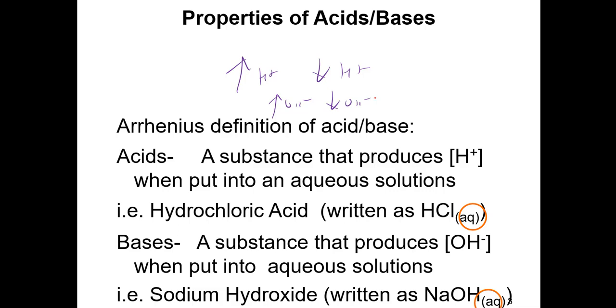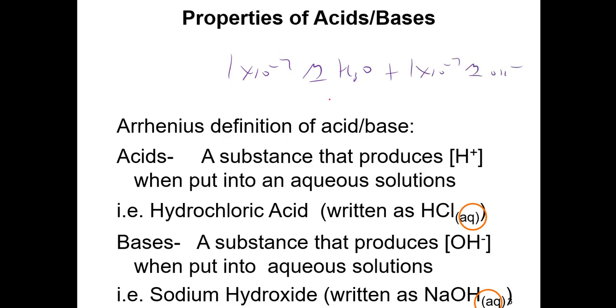Because it turns out that some reactions occur better than others if there's a high amount of hydroniums floating around, or a high amount of hydroxides floating around. We can automatically assume that if we start off with 1 times 10 to the negative 7 molarity of hydronium and 1 times 10 to the negative 7 molarity of hydroxide, this is going to be a neutral water.